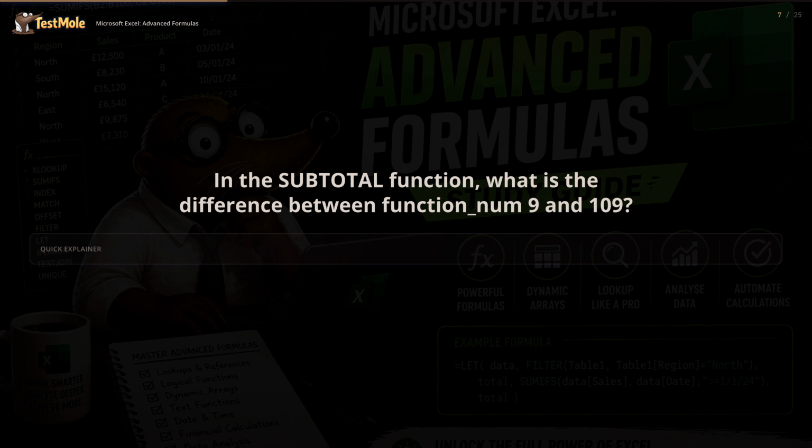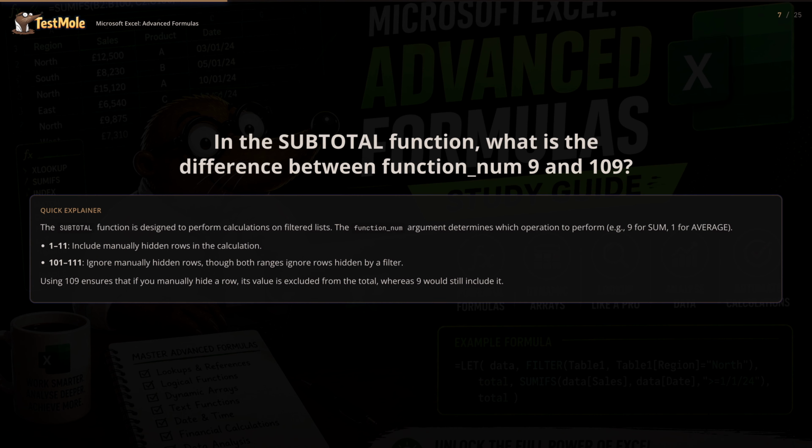In the subtotal function, what is the difference between function_num 9 and 109? The subtotal function is designed to perform calculations on filtered lists.